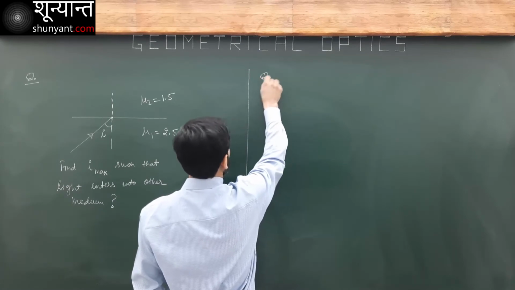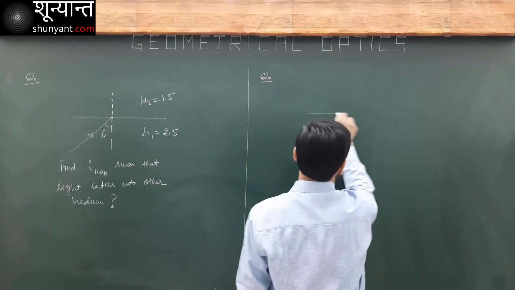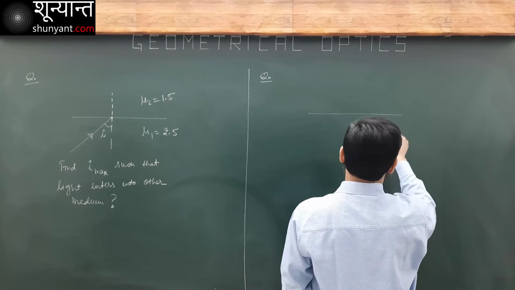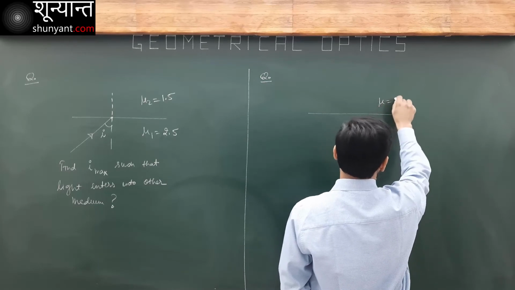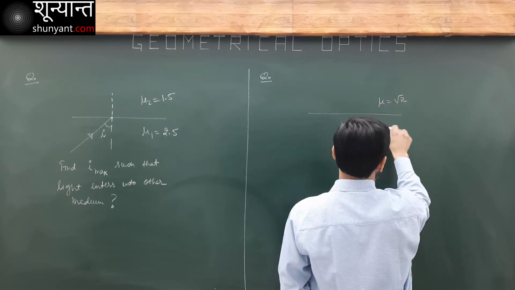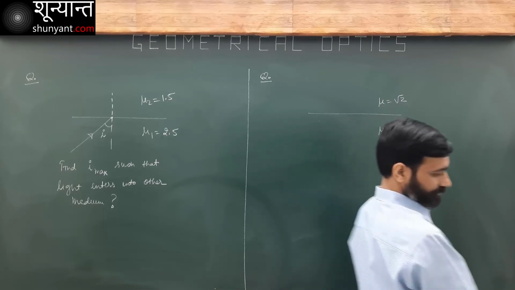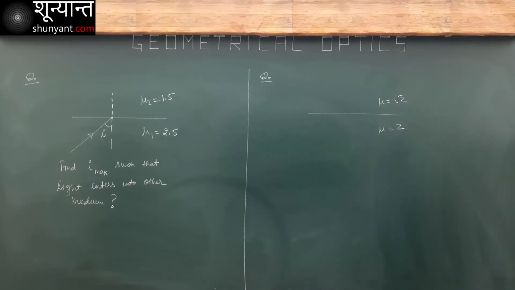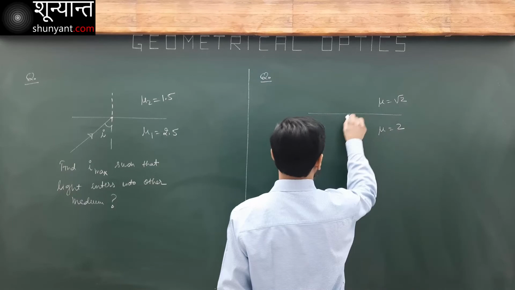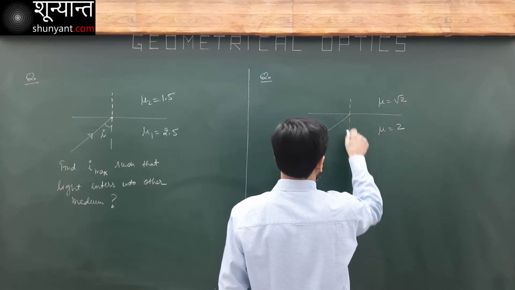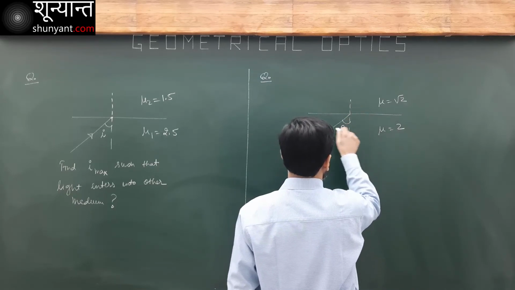Okay. Next question is like this. Mu is equal to root 2 and this mu is equal to 2. This is theta.